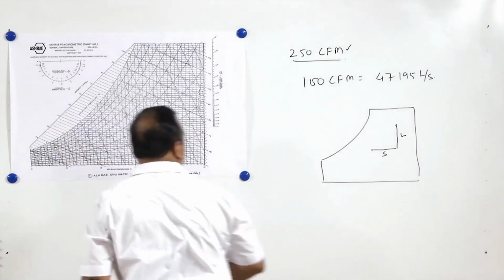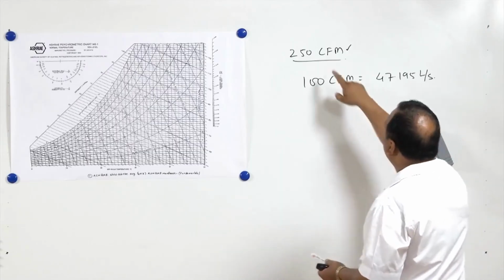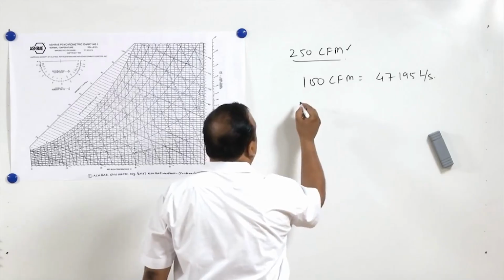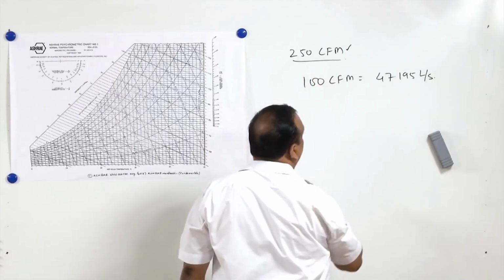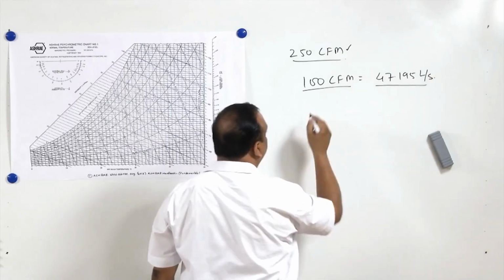So in order to find that, first of all, we will convert CFM into kgs per second. 100 CFM is equal to 47.195 liters per second.